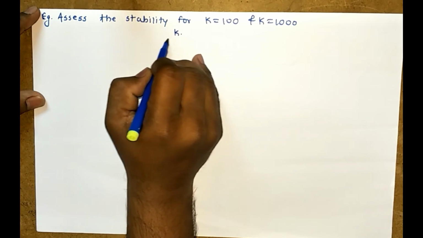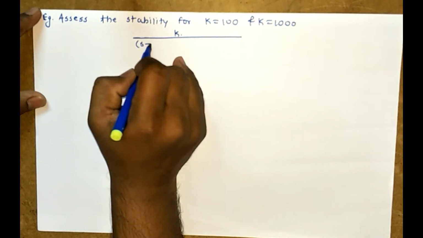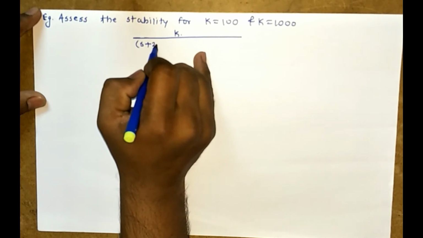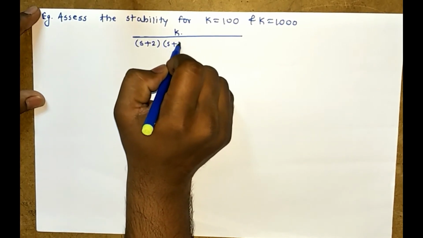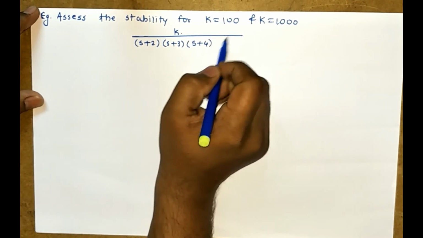K upon (s plus 2)(s plus 3)(s plus 4)(s plus 5).